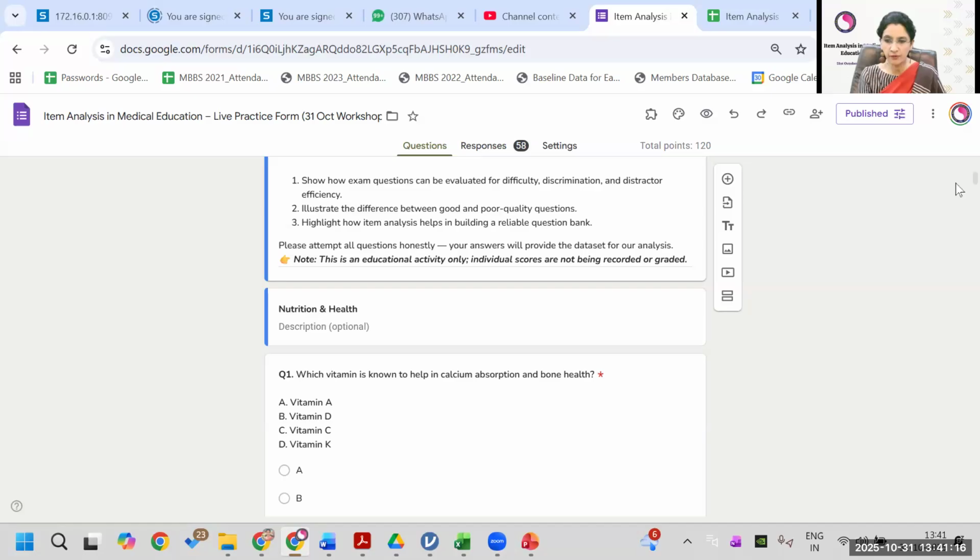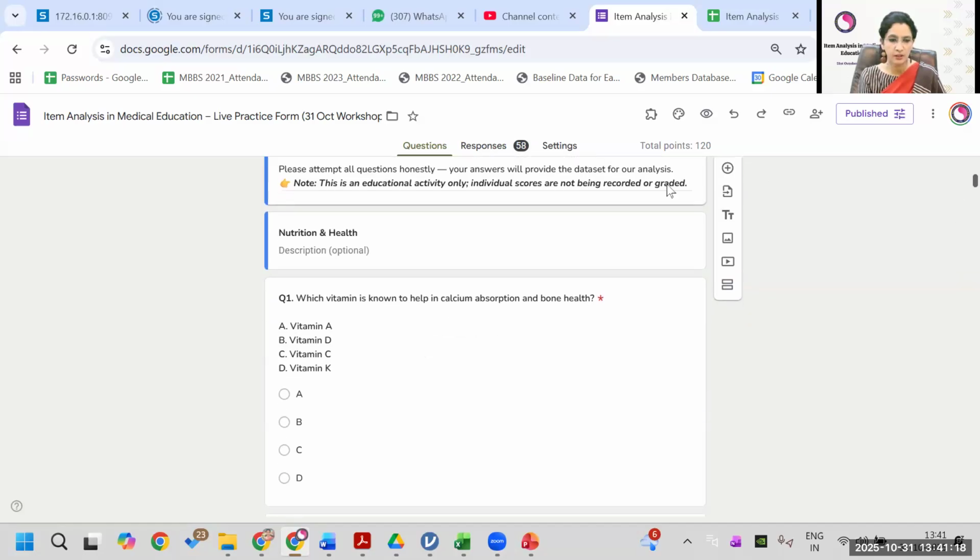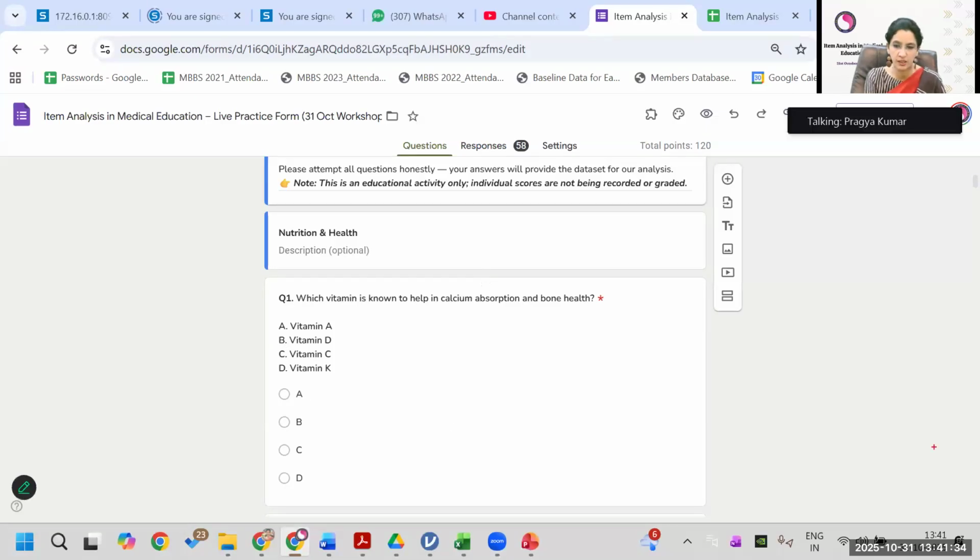The framing of this Google form was such, you can see here, normally whenever we ask a question in the Google form, we make the responses A, B, C, D. But here we have separately given you these 4 options. We have written the questions and the responses here, and separately we have written A, B, C, D.